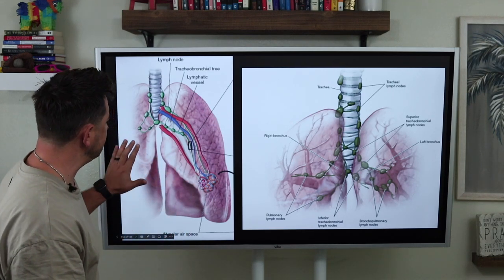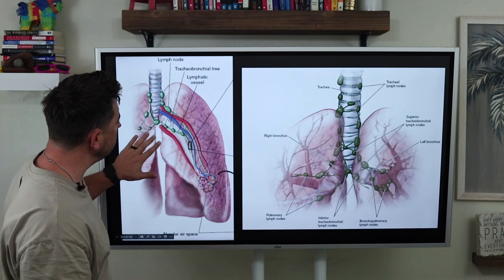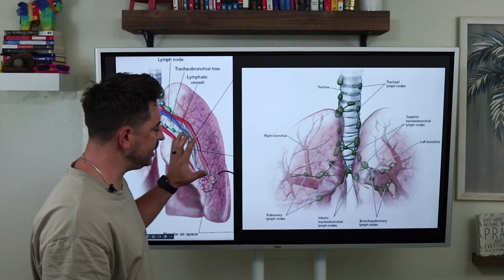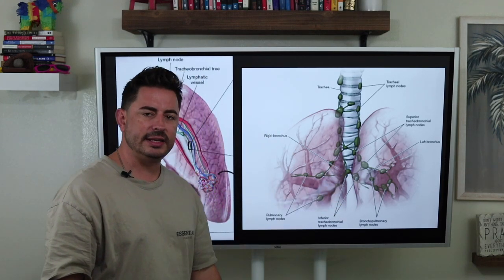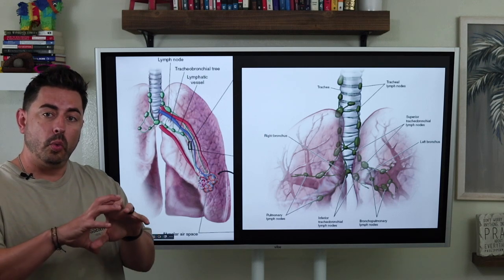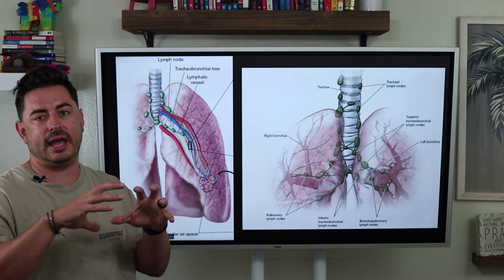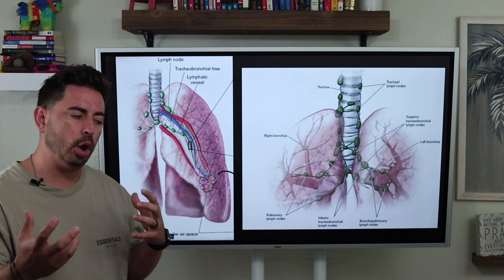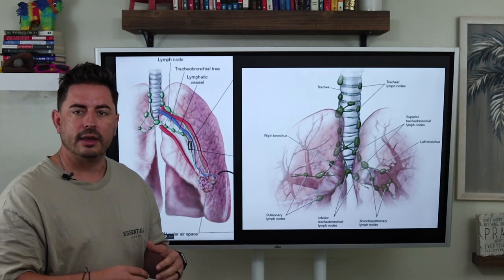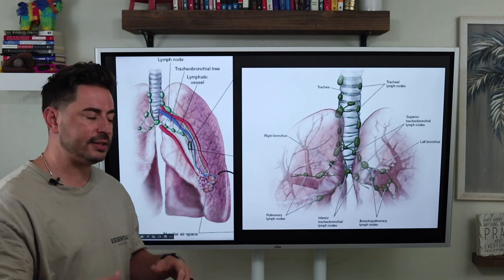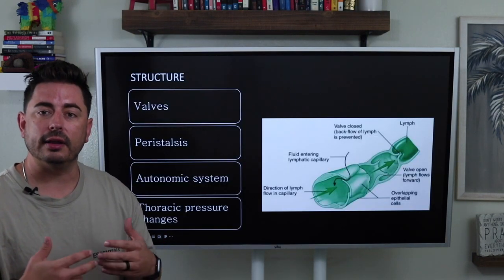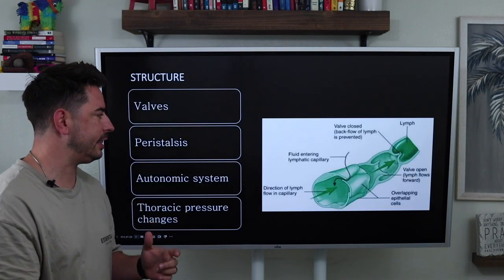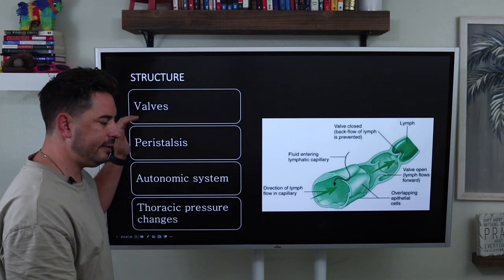So you see this out in the visceral space, and then you see it down deep in the deep connective tissue. So we've got the lymphatic system encompassing and tailoring to all different areas of the pulmonary system.